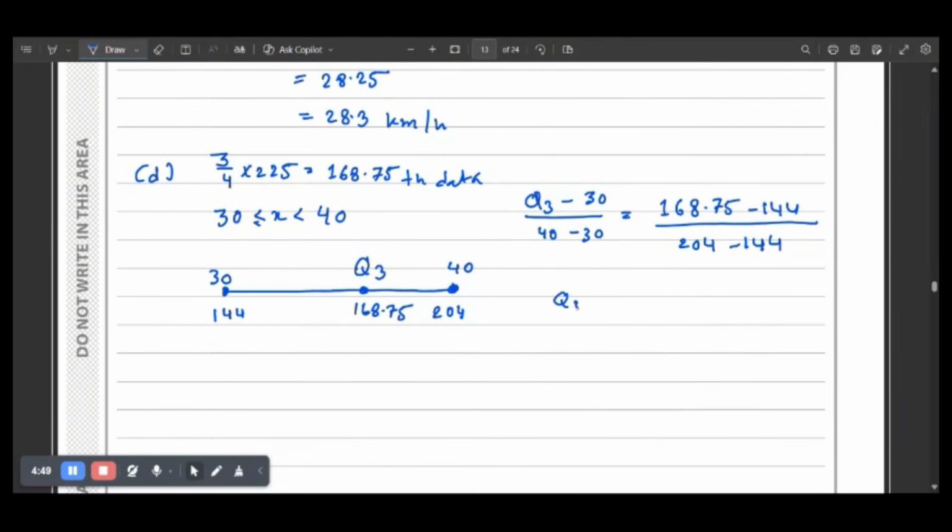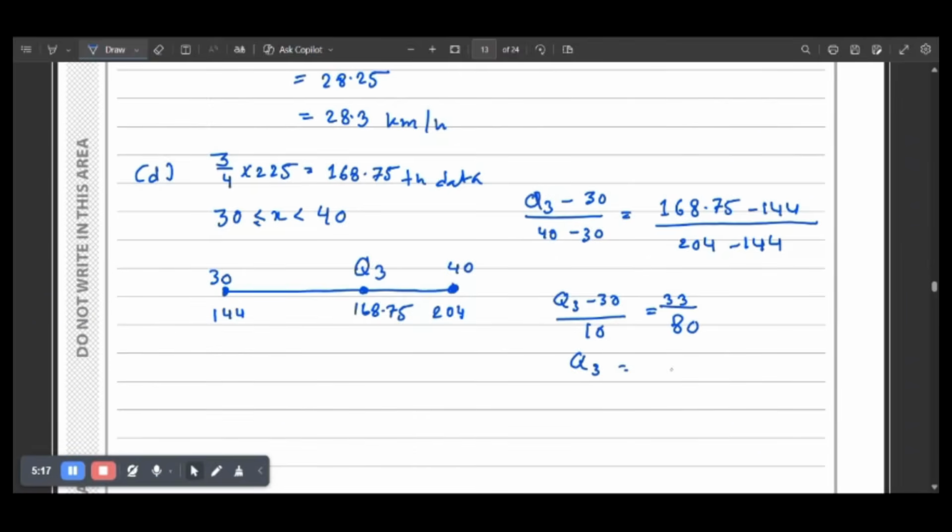Now we can simplify this. Quarter 3 minus 30 by 10 will equal 168.75 minus 144 over 204 minus 144. This will be equal to 33 by 80.